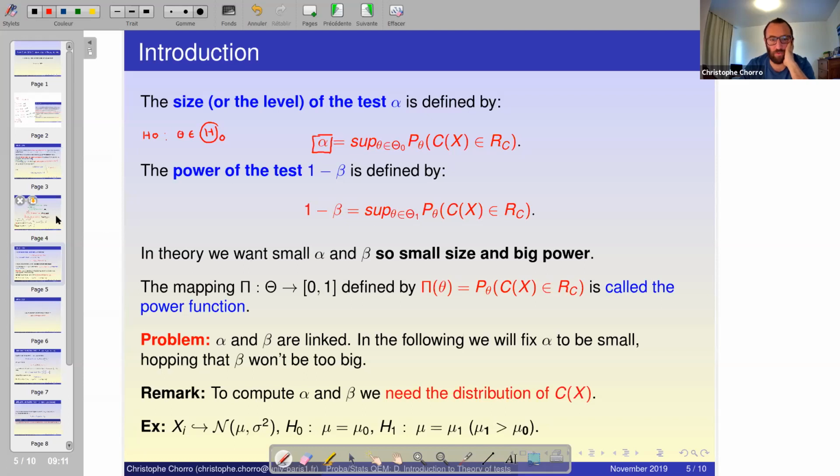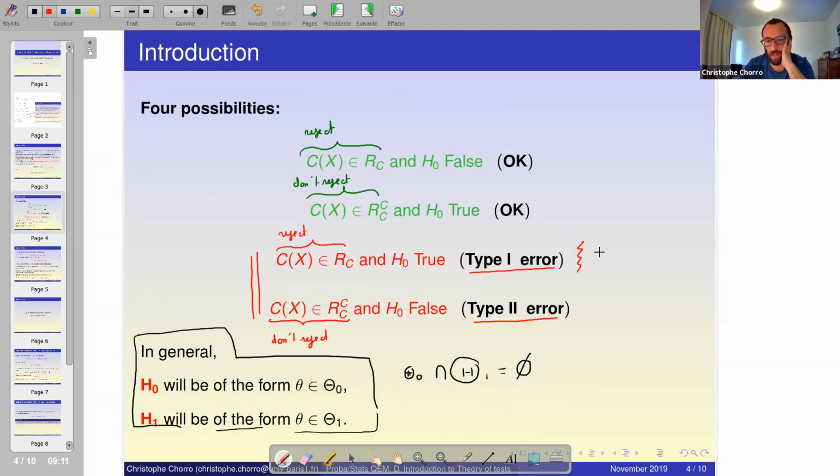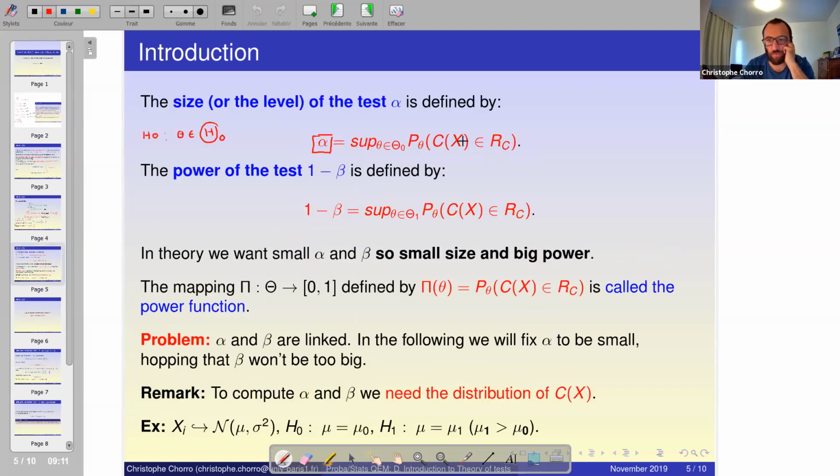If I come back to the previous slide, alpha is related to this type 1 error. Fixing a theta in the set of parameters related to my null hypothesis H0, I compute the probability that I reject, and take the supremum over all possible values of theta related to H0.